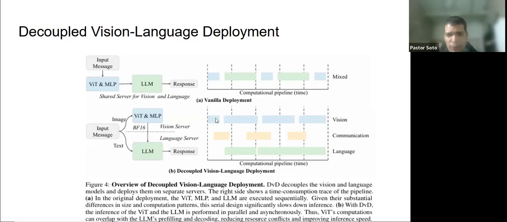As you process, you connect with the language, and it is already preparing the response. So after you complete processing the image, you already have your response because it's processed in parallel.